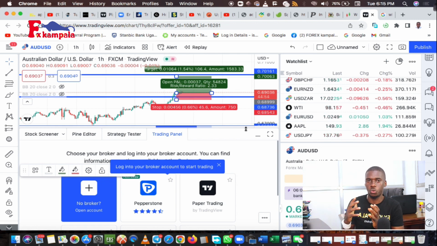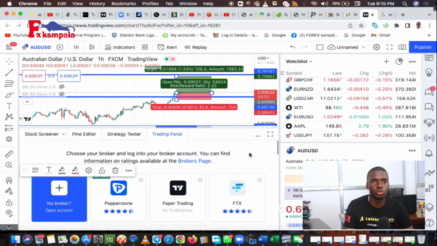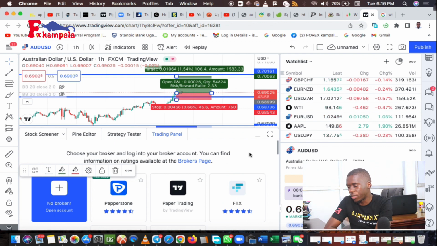That is, if you're in the region where these brokers are, you can connect with the broker. But if you don't, you can still use TradingView for analysis, and then just go to your MT4, MT5 and execute these orders. When it comes to connecting a broker, we need to scroll down.